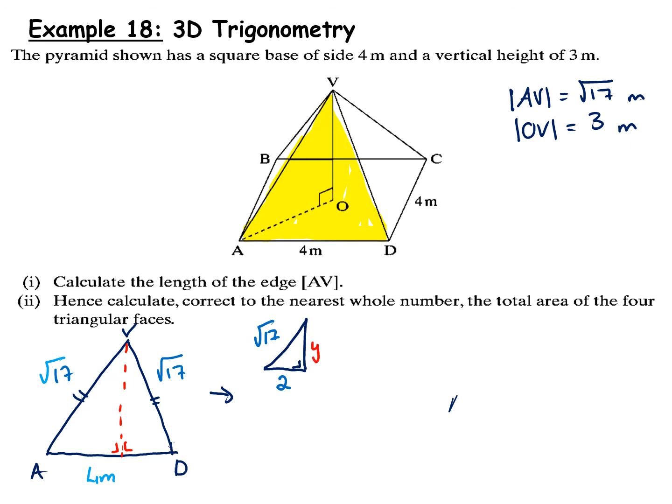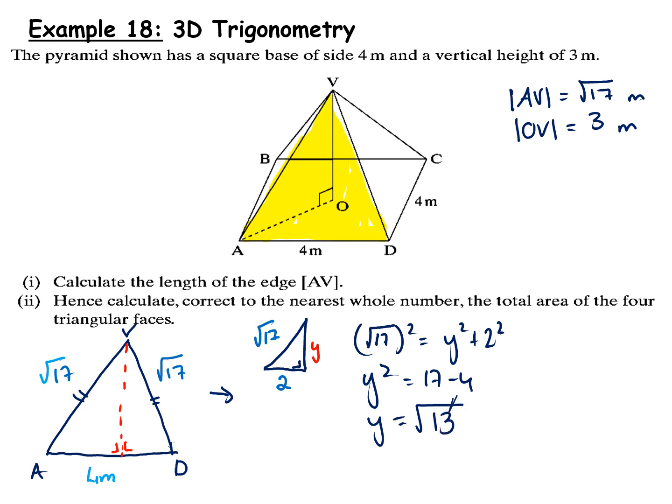We want to work out this perpendicular height. Using Pythagoras, root 17 squared is equal to y squared plus 2 squared. So y squared is equal to 17 minus 4. So y is equal to the square root of 13. That's my perpendicular height.